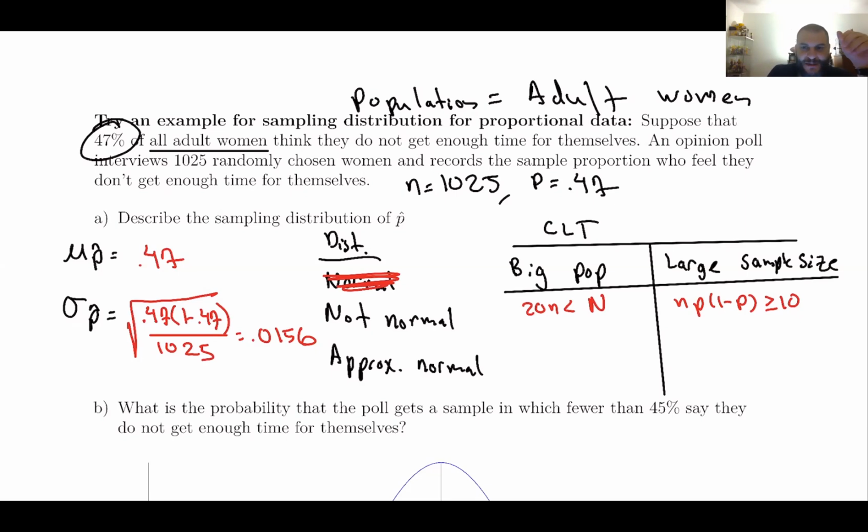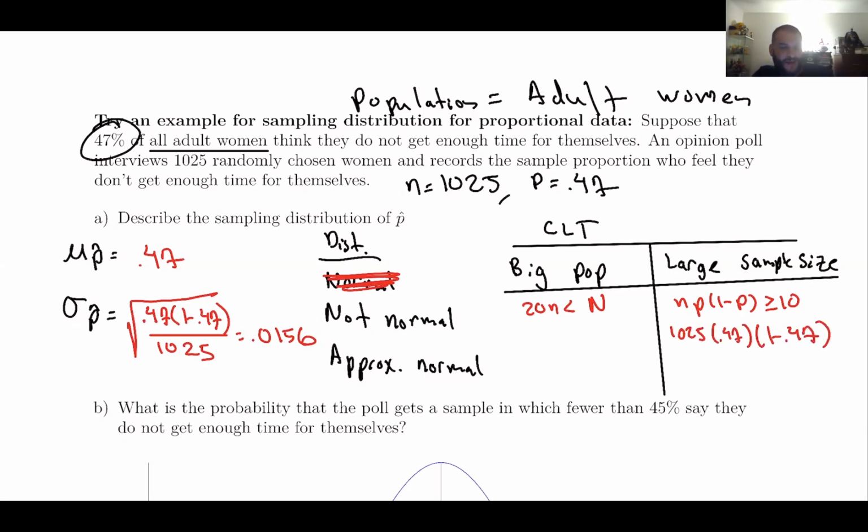For a big enough sample size, we have to say n times p times 1 minus p, and we have to see if that's bigger than 10. So we do 1025 times 0.47 times 1 minus 0.47. I'm actually going to do that on my calculator.